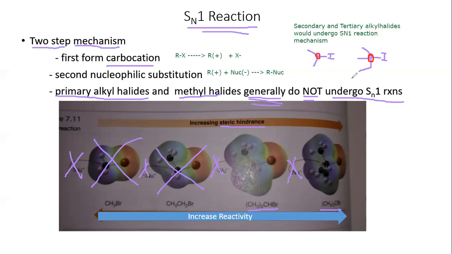And so these types of alkyl halides will only undergo SN1 reaction mechanisms. And the reason is because they form very stable alkyl carbocations, which are the reaction intermediates.